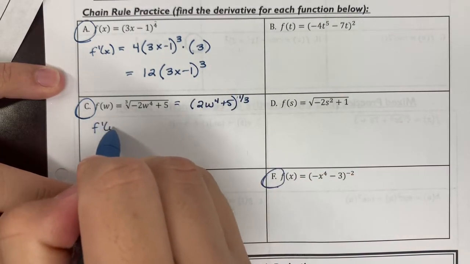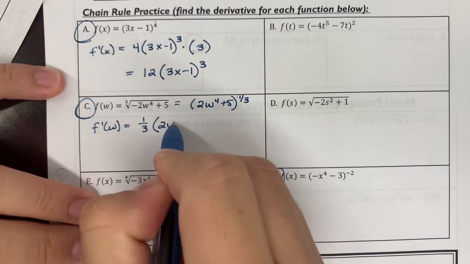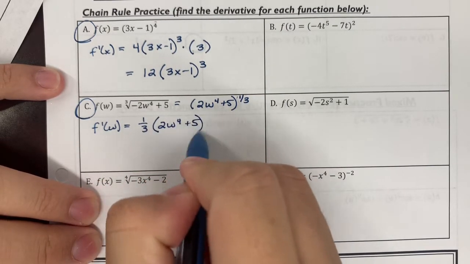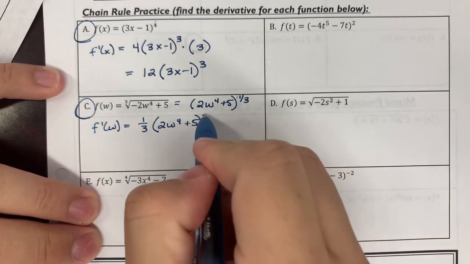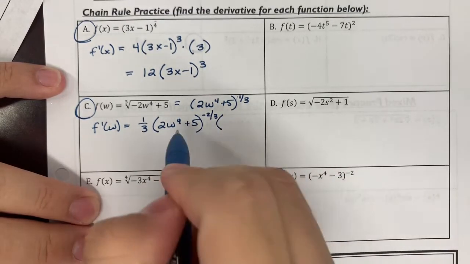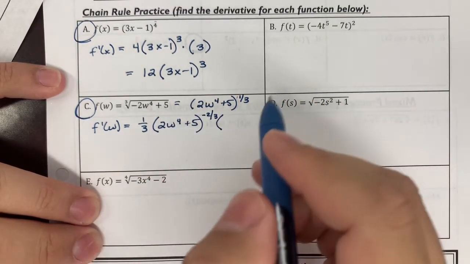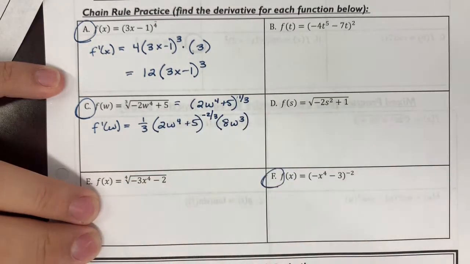So f prime of w is equal to 1/3 times (2w to the 4th plus 5), and then I'm going to subtract 1 from 1/3. So 1/3 minus 3/3 is negative 2/3. And then times the derivative of the inside. So it's going to be 2w to the 4th, derivative is going to be 8w cubed.